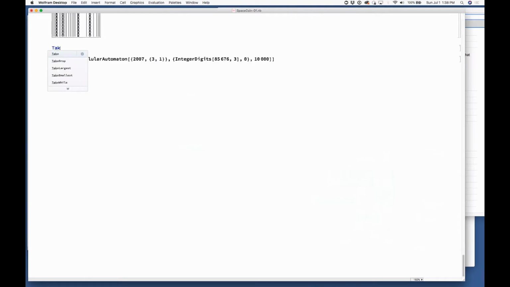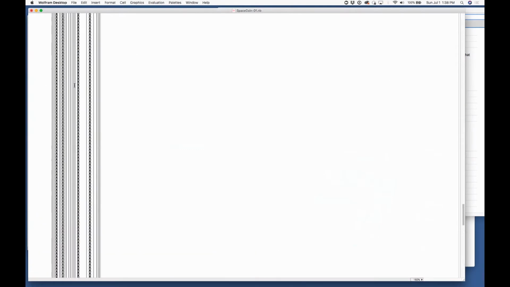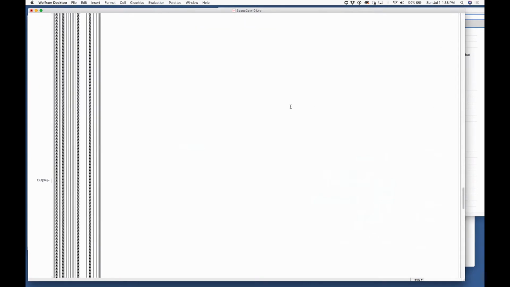So if I just take the first 200 of those, that will be the growth rates. So there are a lot that get to size 31. The first one that gets to size 31 is the one with initial condition 2. And that one dies out after a little while, right?